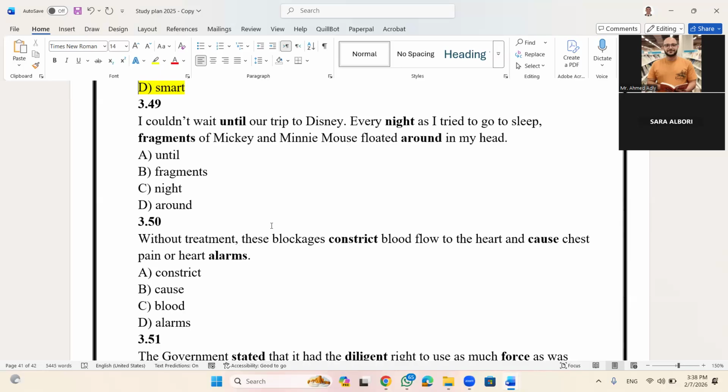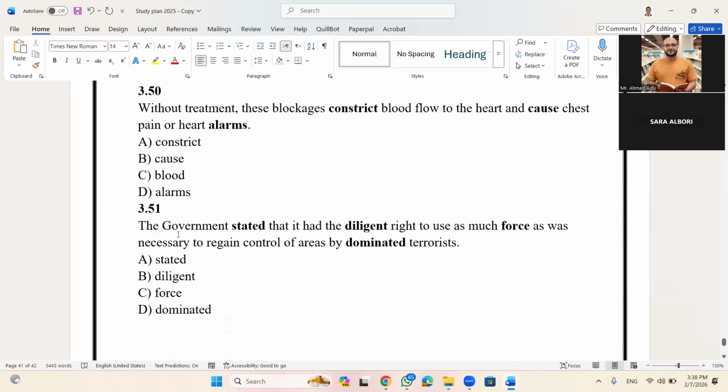So whenever I go to sleep, I see fragments of Mickey and Minnie Mouse floating around my head. So what is the paradox here? When we read fragments, we never see fragments. We see, for example, images. Good.